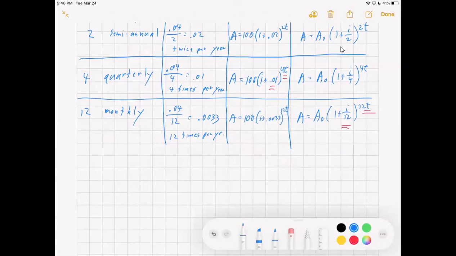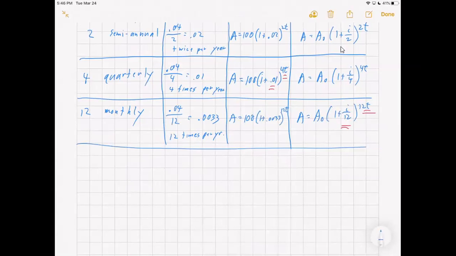Okay, let's just do one more. Instead of doing it monthly, we could obviously go to weekly, we could go to daily. Let's just do daily. Let's assume it's a year with 365 days. So we would compute the interest rate daily.